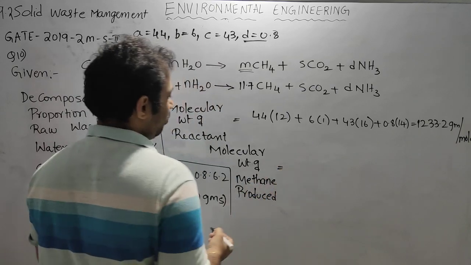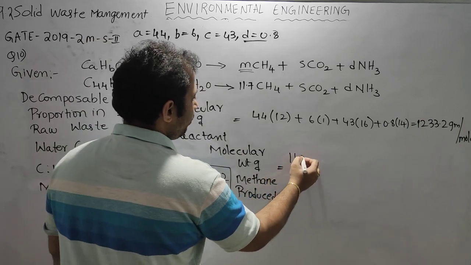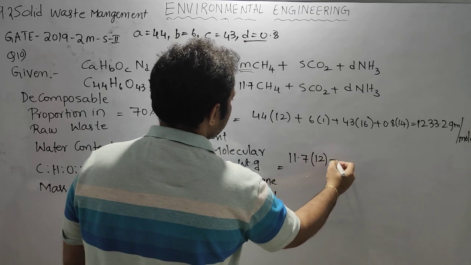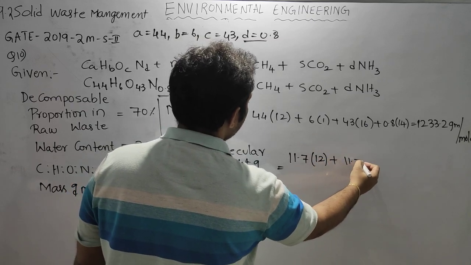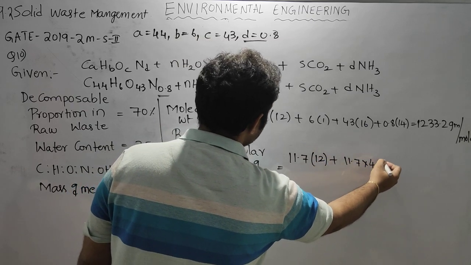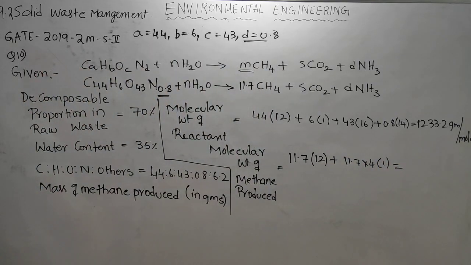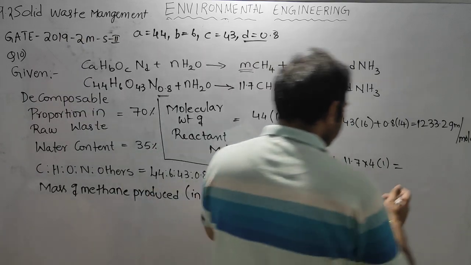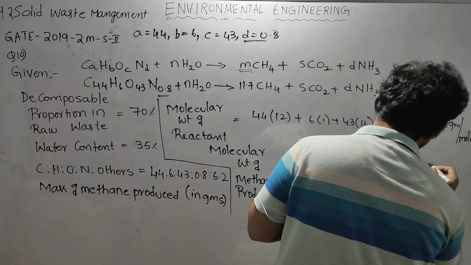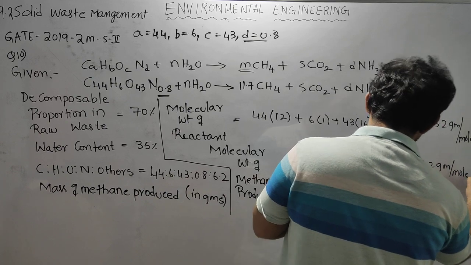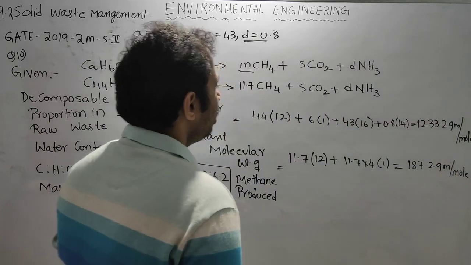Molecular weight of methane produced is 11.7 carbons, that is 12, plus 11.7 into 4 hydrogens. Each hydrogen's weight is 1 gram. So the methane produced is 187.2 gram per mole.